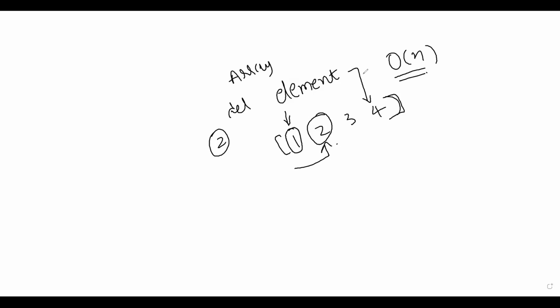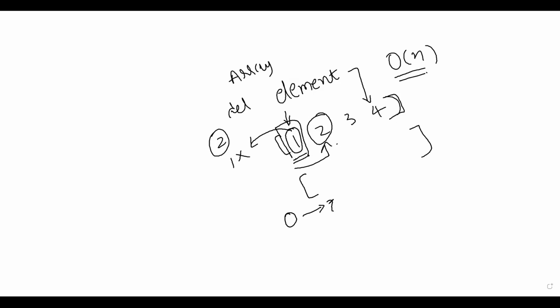Okay. Tell me now. Whenever I delete an element, say I delete the element 1, what is the time complexity of this? So now see, I delete the element 1. Okay, right. So it got deleted. So what will be at the index 0?